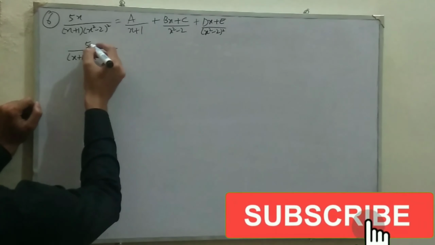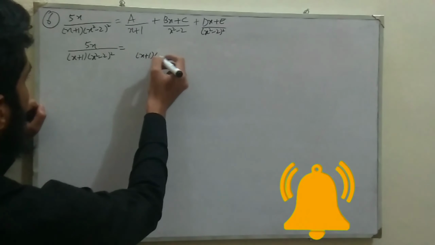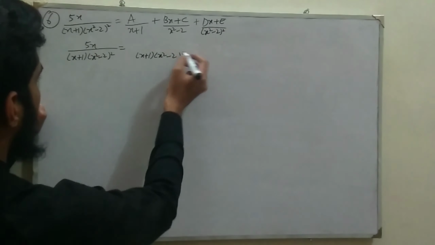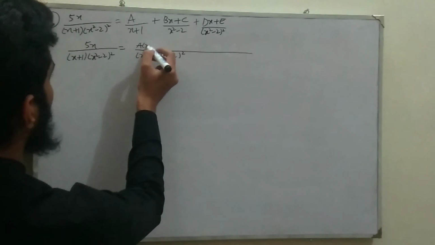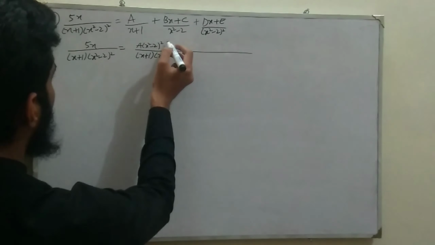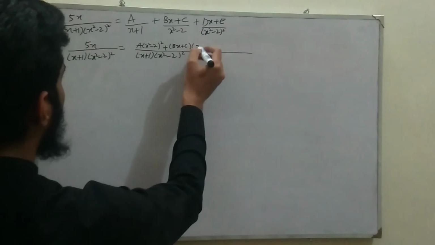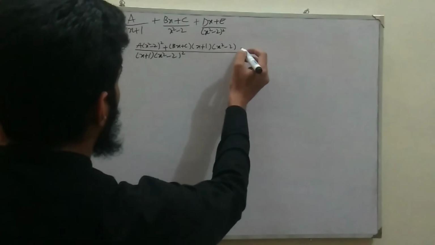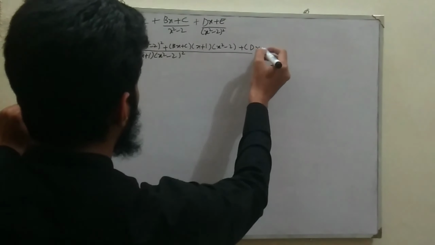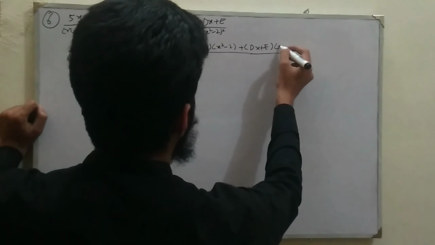So 5x is equal to A multiplied by (x square minus 2) whole square, plus (Bx plus C) multiplied by (x plus 1) multiplied by (x square minus 2), plus (Dx plus E) multiplied by (x plus 1).